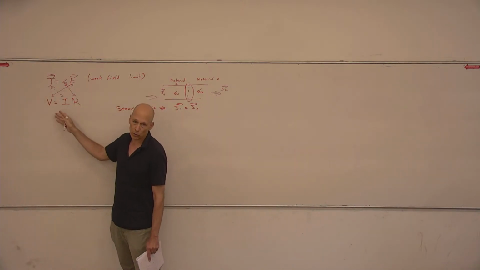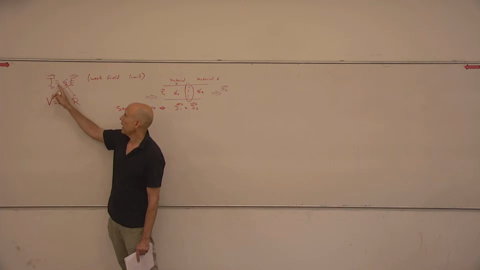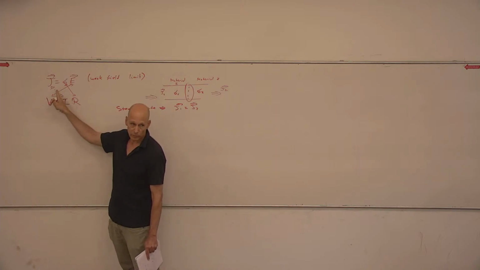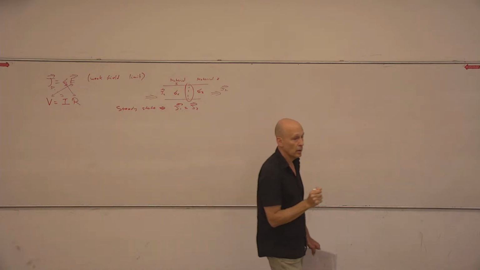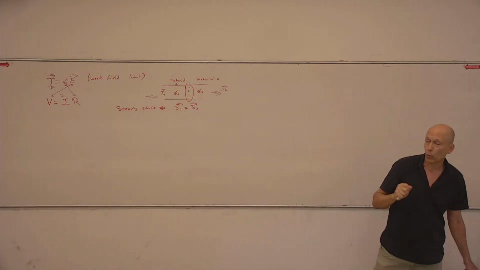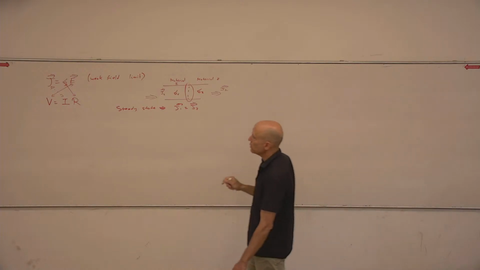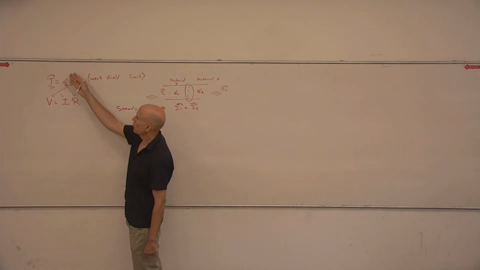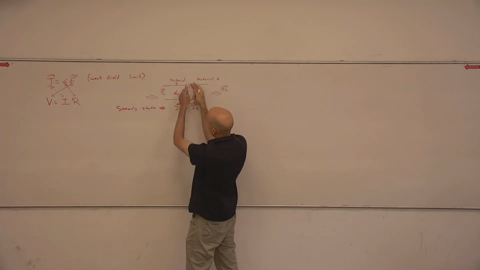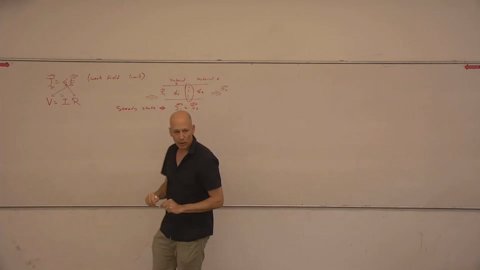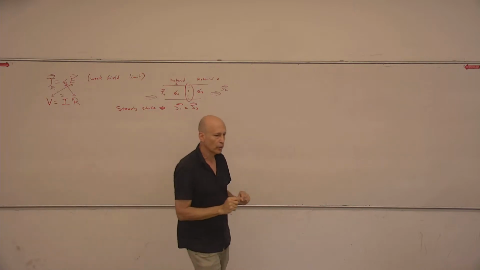Or at least I don't know how to find them. But I can, and I soon will, with this law, find what are these charges that are created in the middle. And then this is an example where, when I used it, it gives you a microscopical picture which gives you a prediction of what the charges are here. And then you can test it in principle in the laboratory.